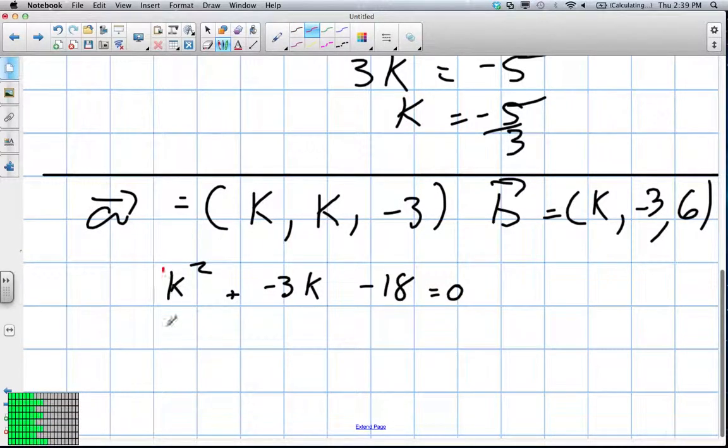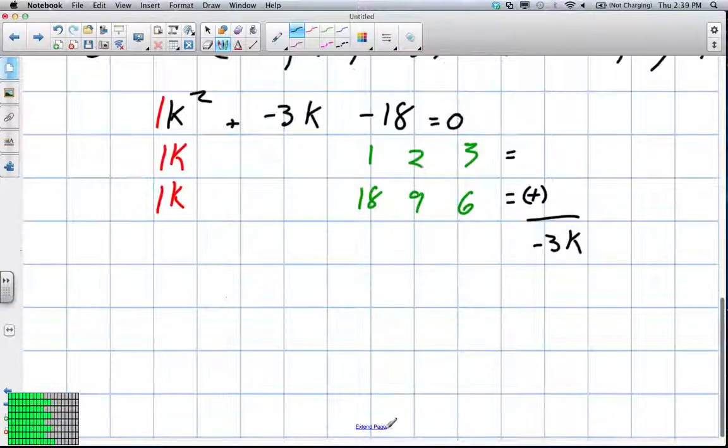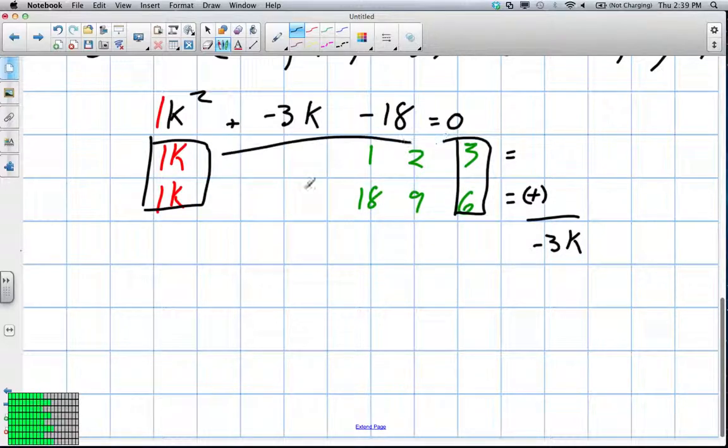So when I do factoring, this is what we do. I find the factors of the first term, which are 1k and 1k. Factors of the last term: 1, 18, 2, 9, 3, 6. And I know that when I multiply them together, they need to add up to my middle term, -3k. When I quickly look at that, I know that 3k and 6k will give me that.